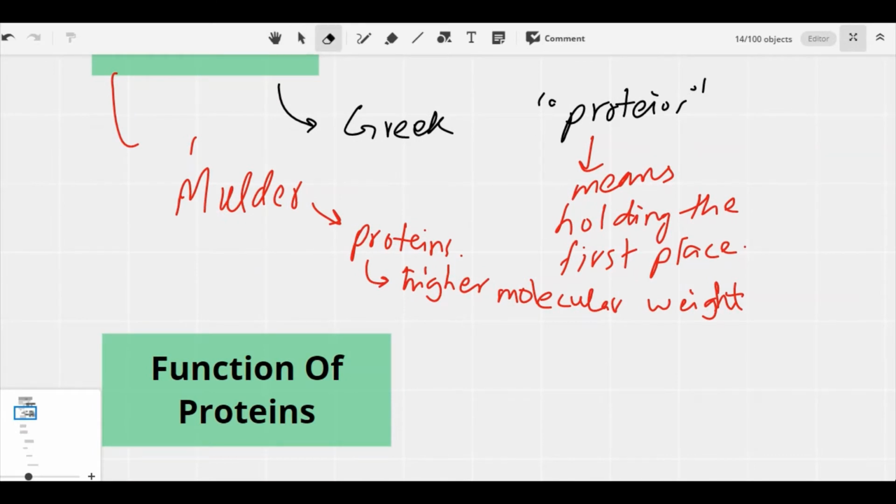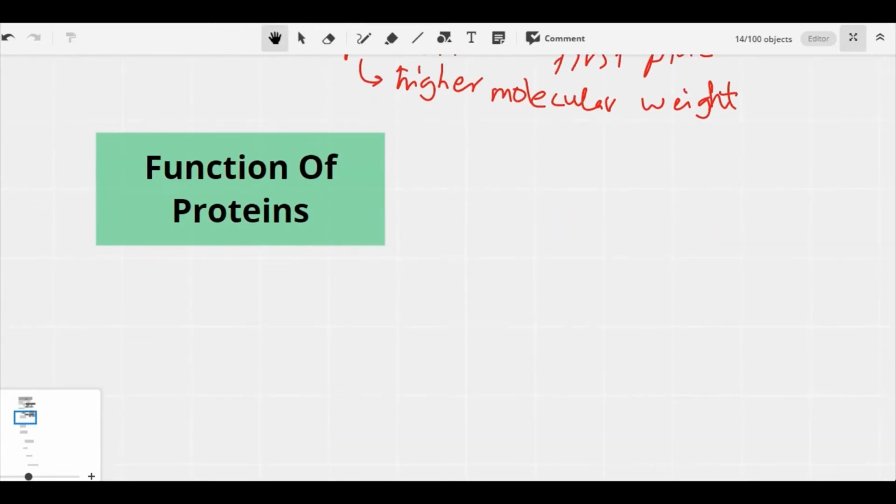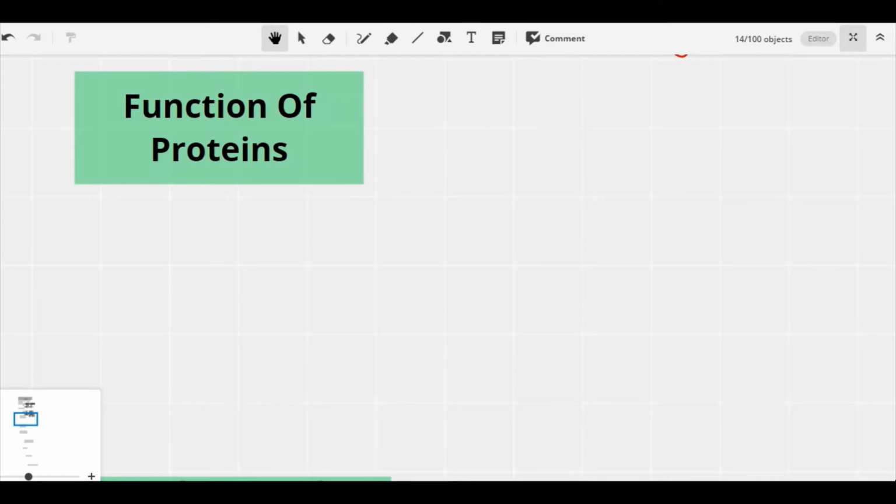Now we are going to discuss the next one, that is the functions of proteins. We will discuss the functions of protein in detail in later parts, but here I am telling you just about the general functions. We can classify the functions into two groups.